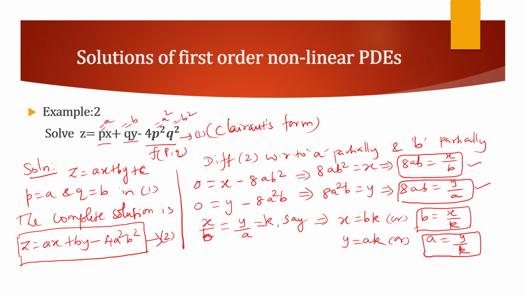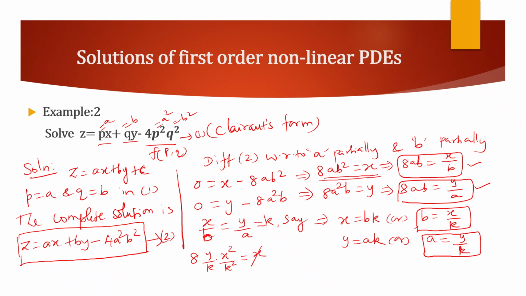So here we are going to find out what is the value of k. For that we can consider any one of the previous equations to give this substitution. So if we substitute a and b in this, what we are getting is 8 into a, which is y by k, and b square is x square by k square, is equal to x.